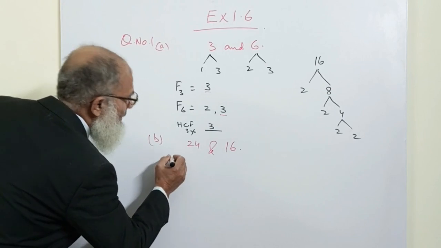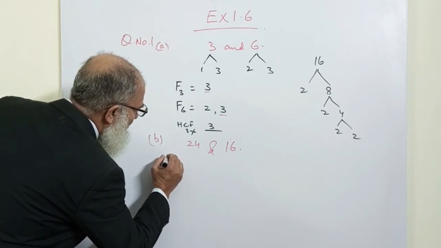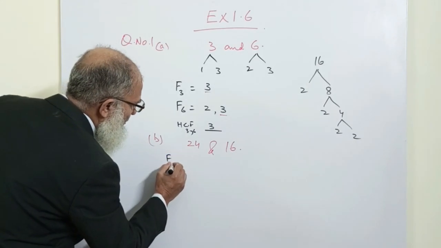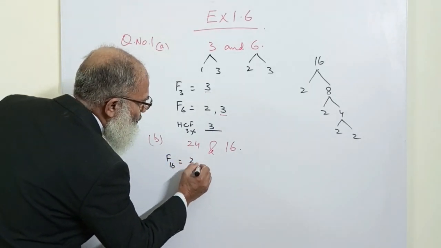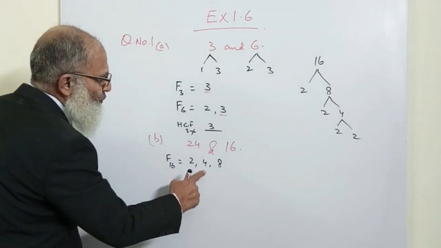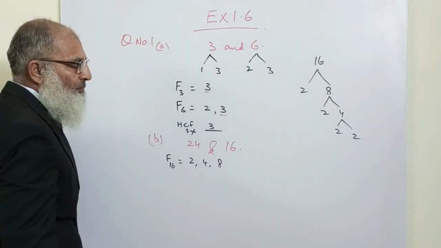So what I write here is factors of 16 are 2, 4, 8. These are the factors.